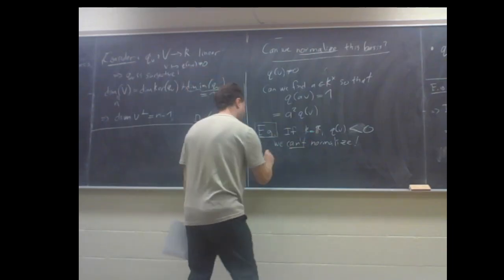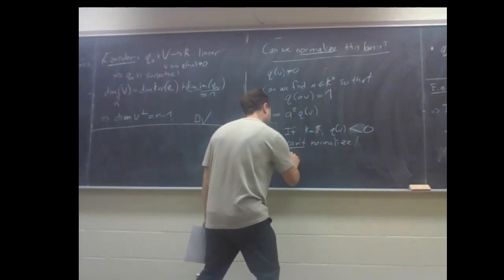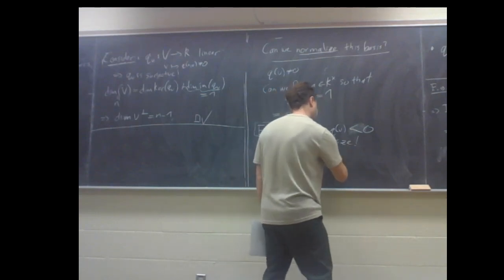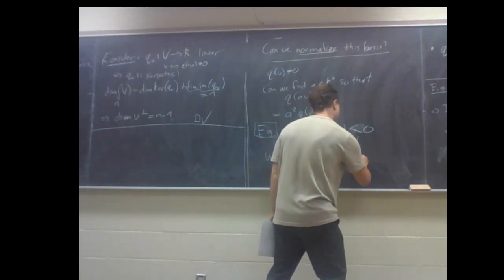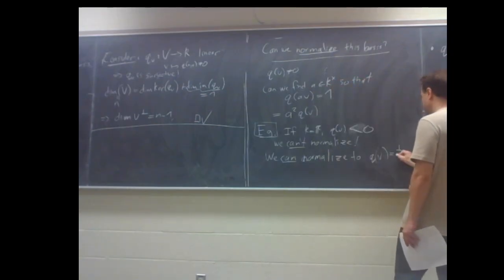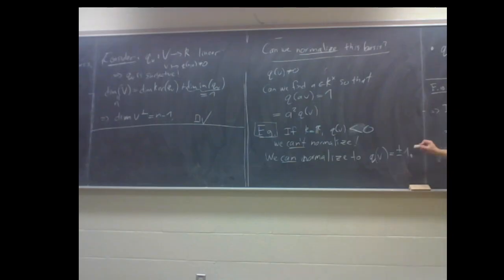But over K equals R, we can get Q(v) equal to plus or minus 1. So the best that we can do is normalize to plus or minus 1. This isn't so bad. Like I said, over the rational numbers, you can't really do anything.